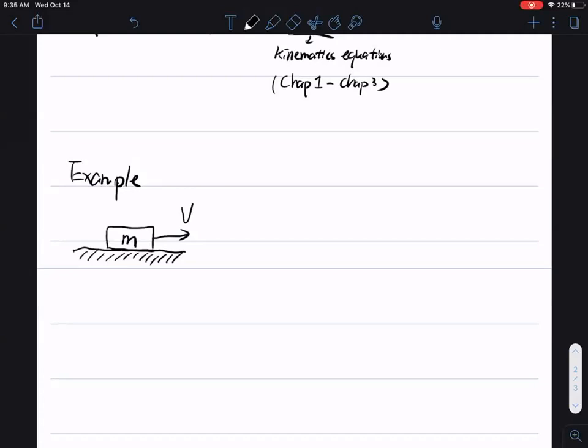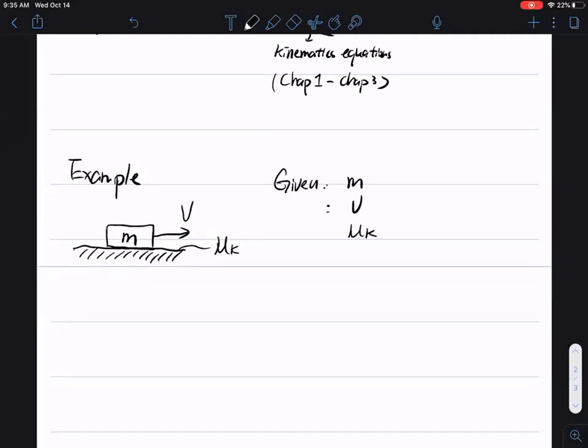Between the surface and the block, there is friction. The friction coefficient is mu k. So we're given mass, speed, and mu k. We want to find out what is the acceleration.